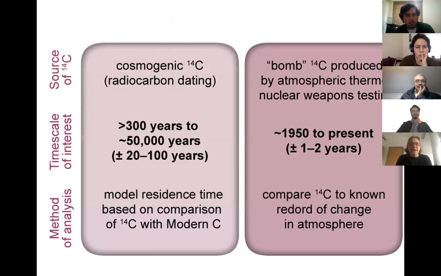I know I'm going fast, but for normal radiocarbon, we can do up to about 50,000 years from about 300 years. And for the bomb carbon, we can look at carbon cycling on much faster timescales by following this spike.